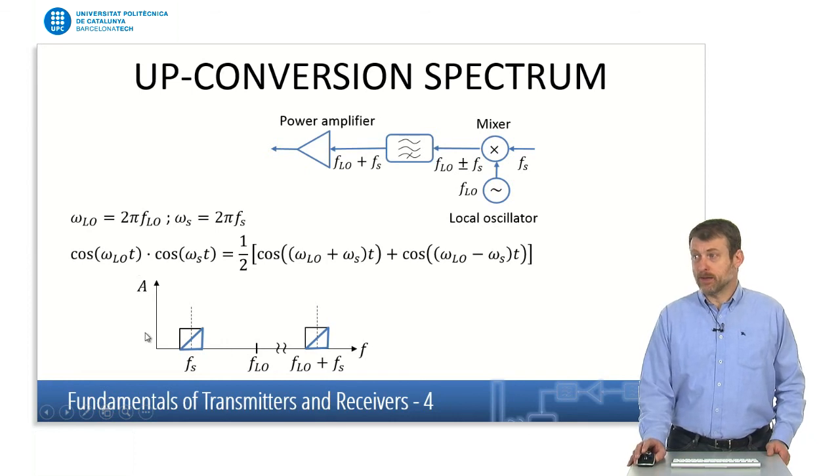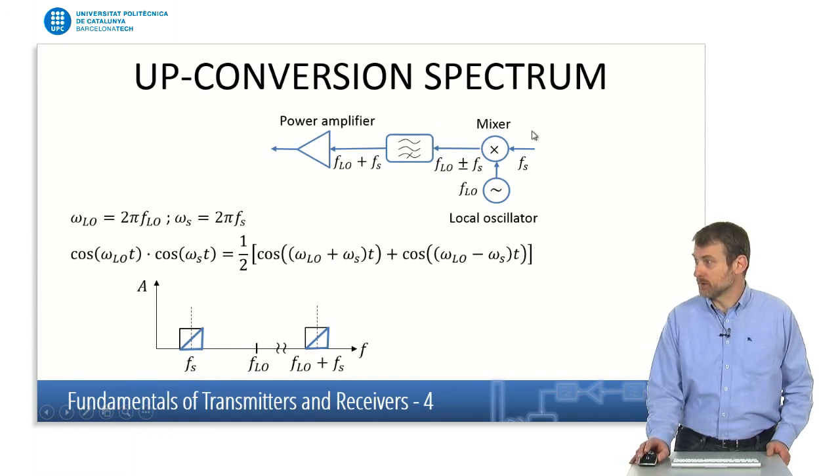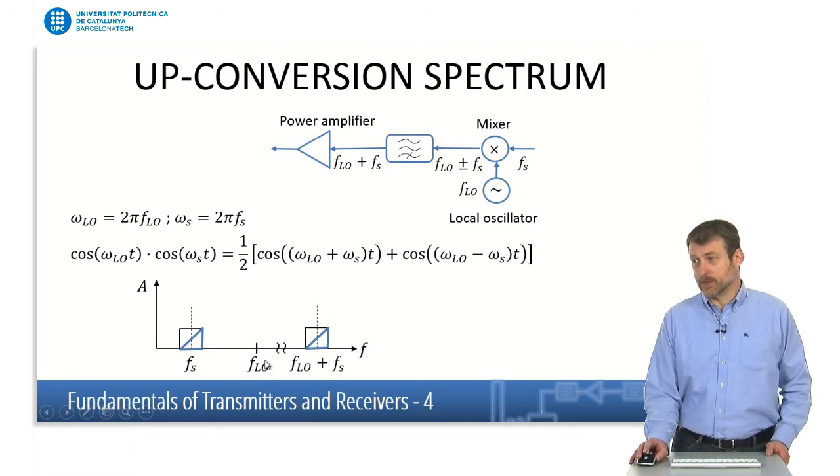If we look at the spectrum, then the spectrum of our signal here is F sub S, the spectrum of the signal coming into the input of the transmitter. The FLO, the local oscillator frequency, would be much, much higher than this.